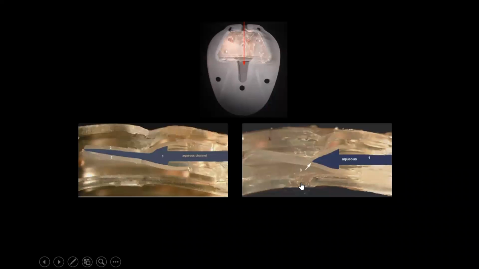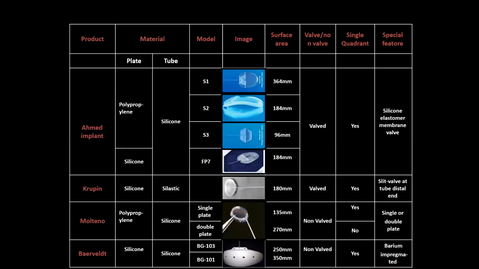Remember that the Ahmed implant is valved and you have a Venturi mechanism that allows the aqueous to drain and avoids hypotony if the pressure is less than arguably 8 millimeters of mercury.